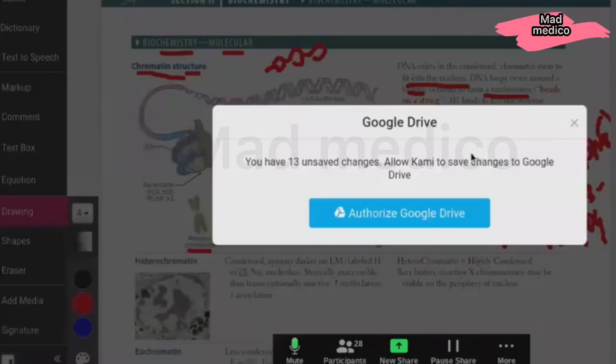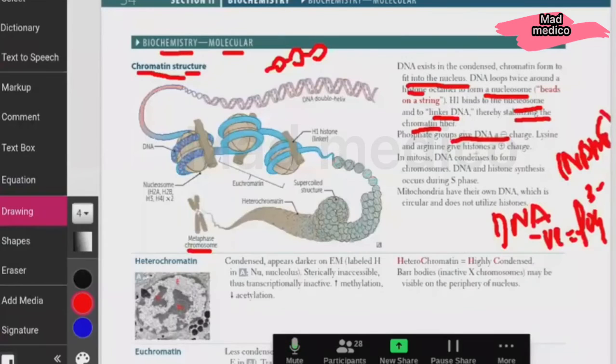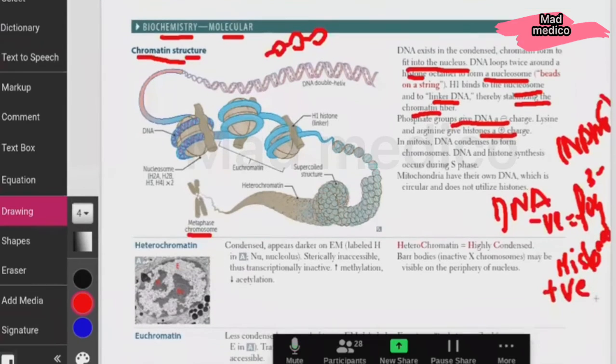Lysine and arginine give the histones a positive charge. So you have the DNA, which is negative because of the phosphate, and histones, which have a positive charge. Write down over here that histones have a positive charge. Why?